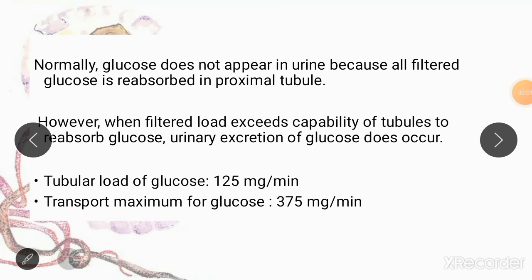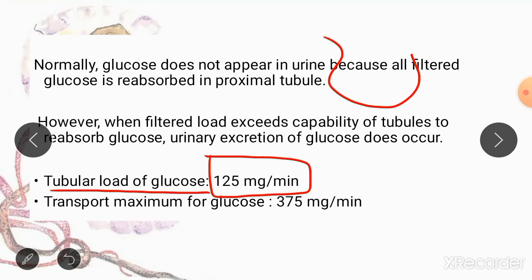So there is a graph to better understand the transport maximum of glucose. To understand this graph, first you need to understand three terminologies. The normal tubular load of glucose is around 125 milligrams per minute. So the amount of glucose being filtered from the glomerulus into the Bowman's capsule in a normal healthy person is around 125 milligrams per minute, and in a normal healthy person all of this is reabsorbed.